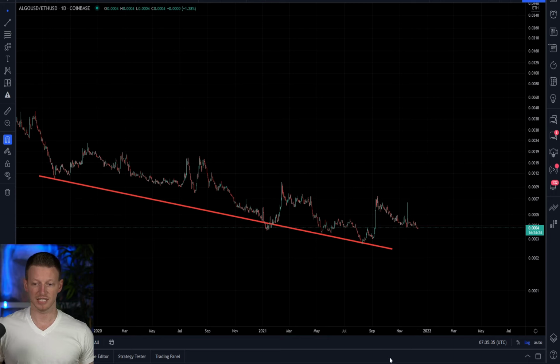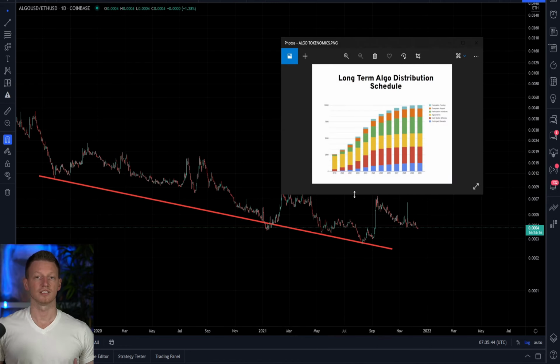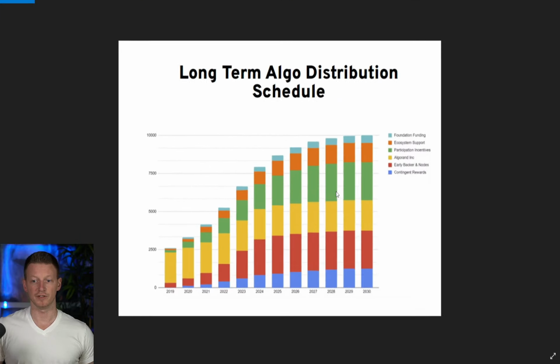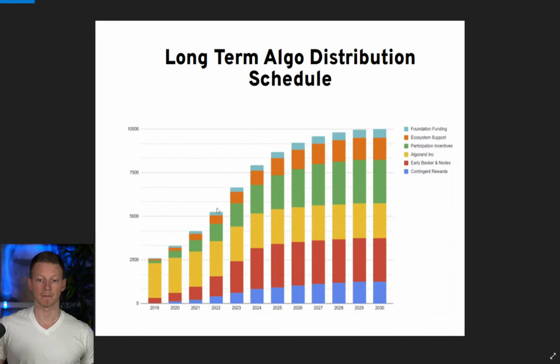Now, the last thing I'll say is the tokenomics are purely short term. If you're a long-term investor, we're looking at a situation where by 2023 or 2024, most of those tokens are going to be out and released into the market.